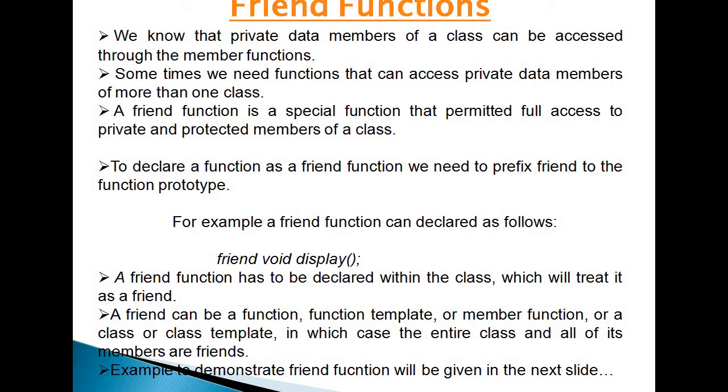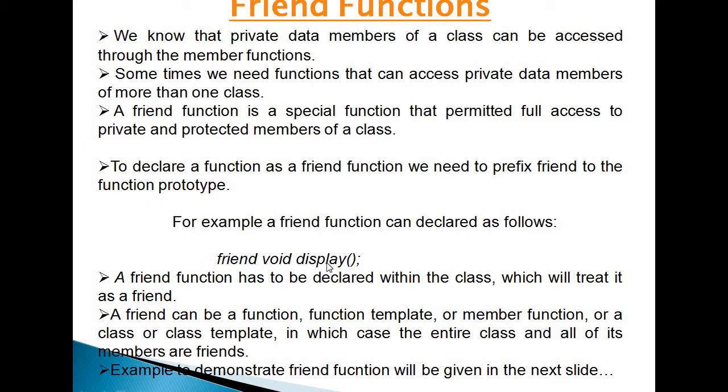So how do we declare that? To declare a function as a friend function, we need to prefix the keyword friend to the function prototype. For example, a friend function can be declared in C++ syntax as follows: the friend keyword, then the function void display.